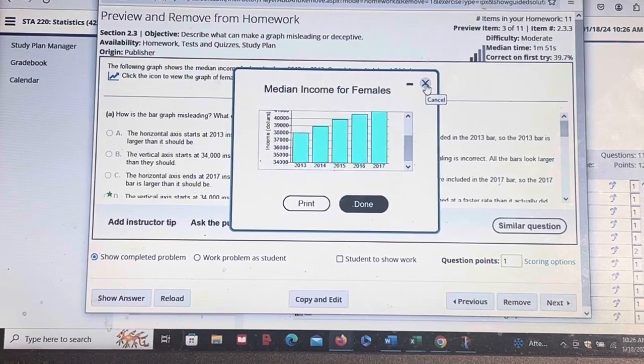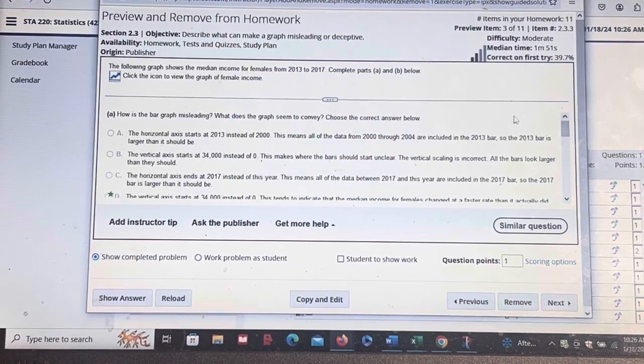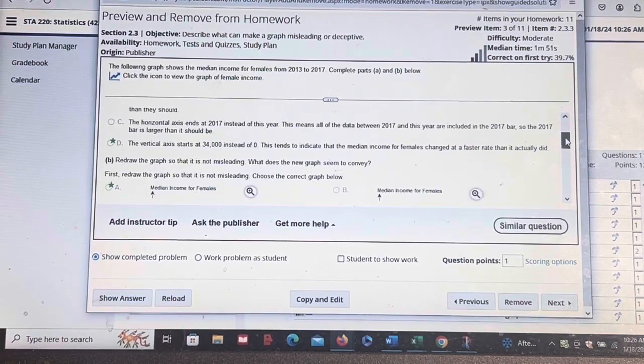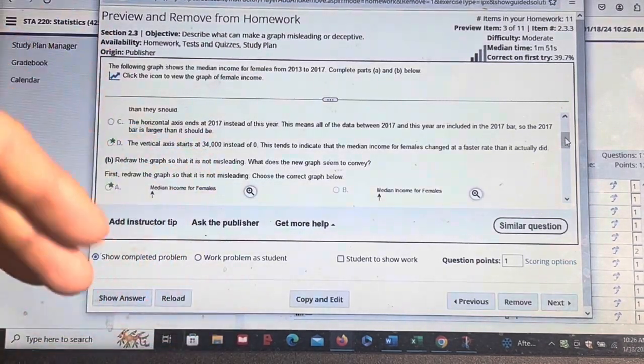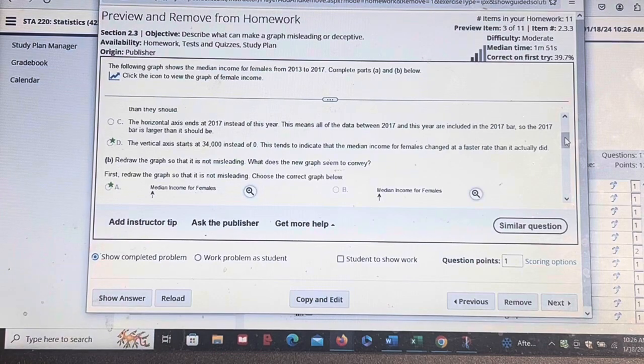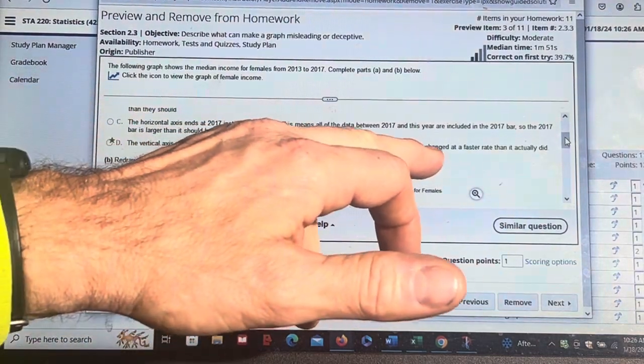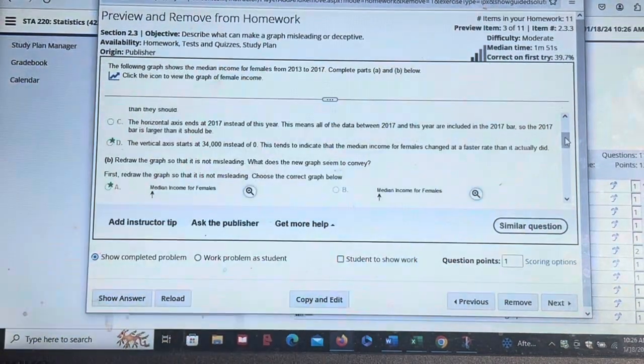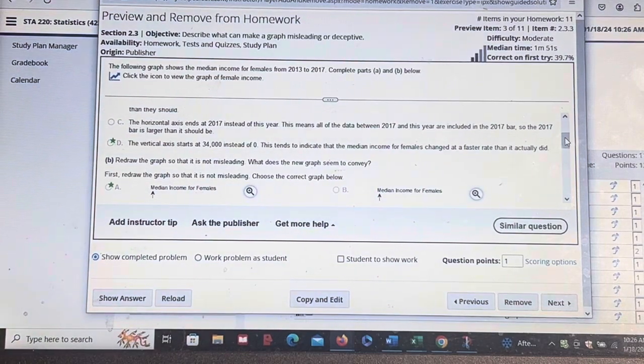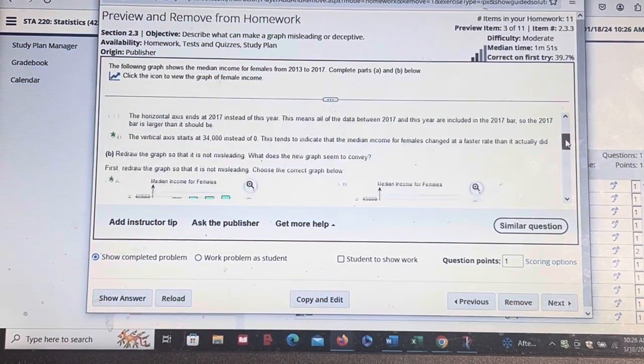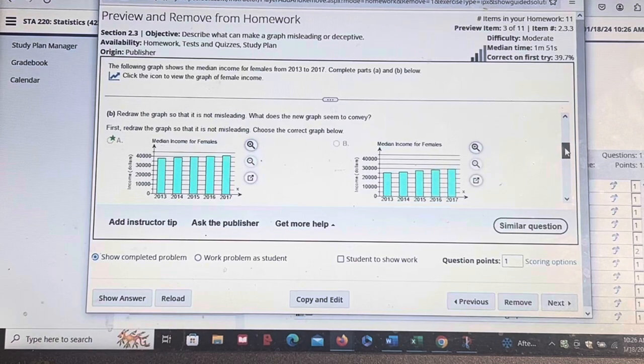So if you look at the answer on this, it says the vertical axis starts at 34,000 instead of 0. This tends to indicate that the median income for females changes at a faster rate than what it actually did. And this is something that companies and politicians will do to you.